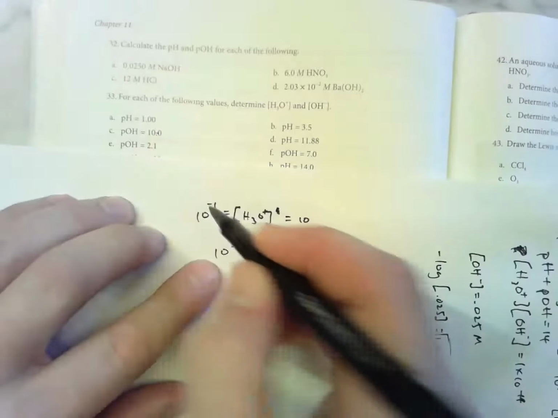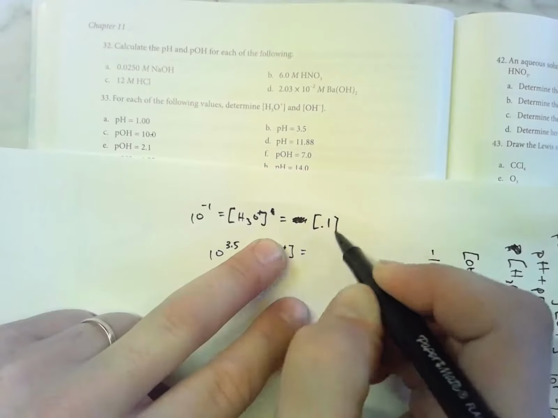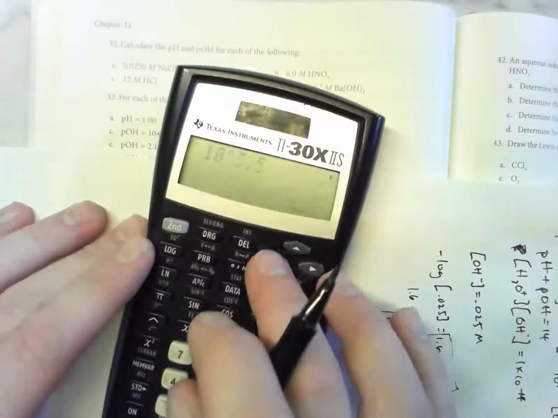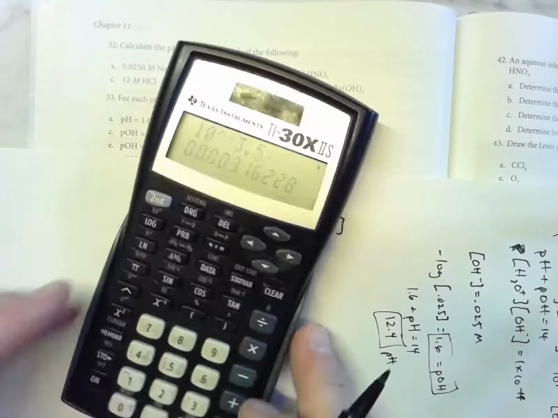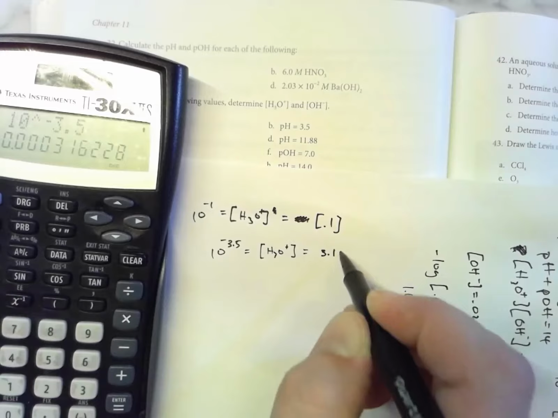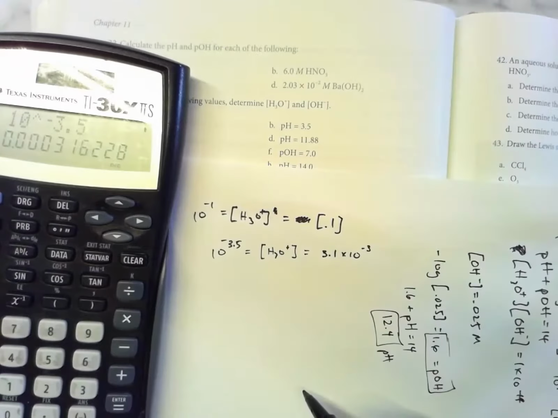So this is 10 to the negative 1, so that's equal to 0.1. 10 to the negative 3.5. I'm sorry, guys. I hope you caught that before I did. That's going to be equal to 3.1 times 10 to the negative third. Fourth.